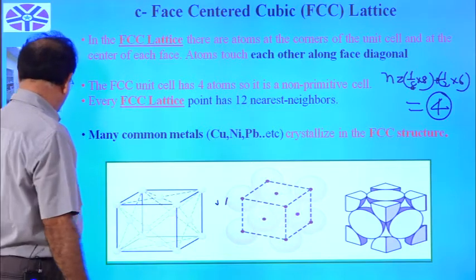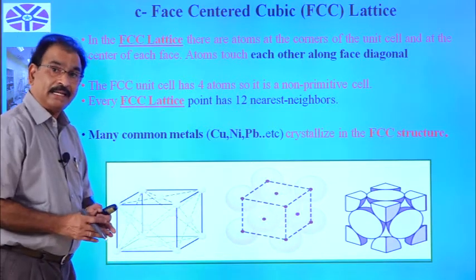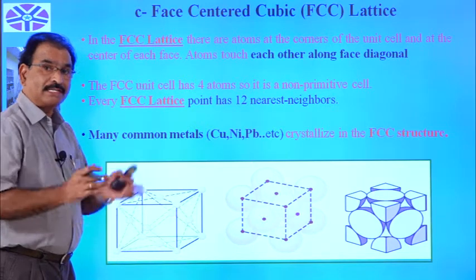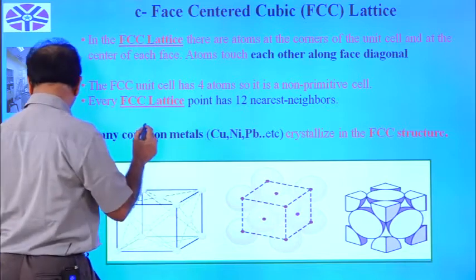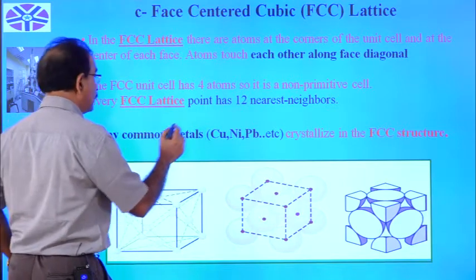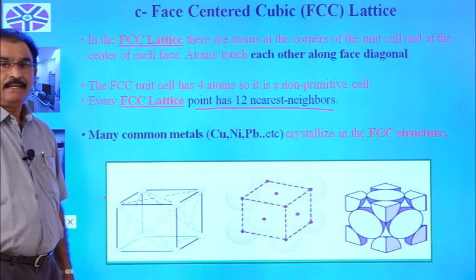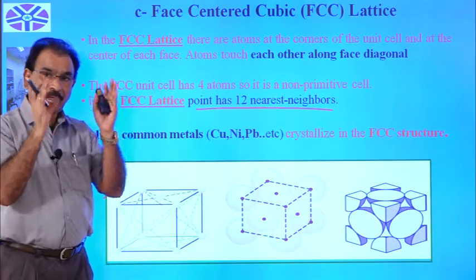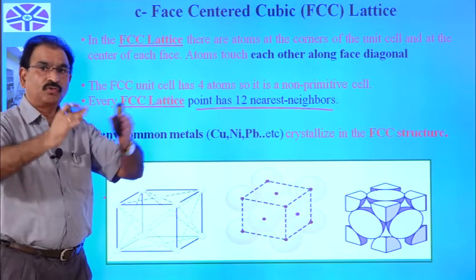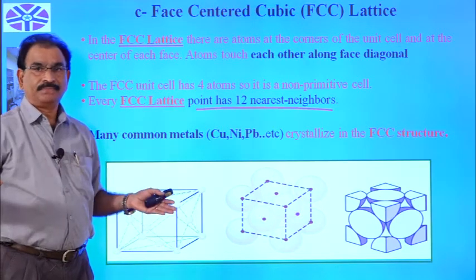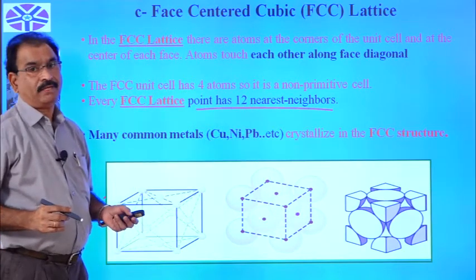Now, we'll try to understand the coordination number. The coordination number is 12. That means each atom in the FCC is linked to 12 atoms. That is why the coordination number is 12.